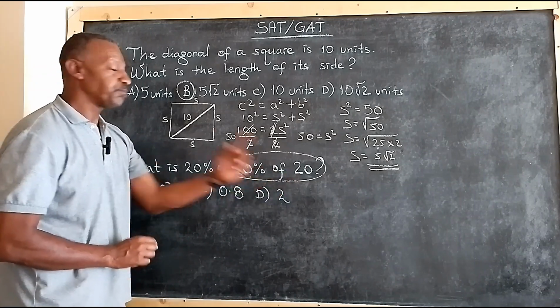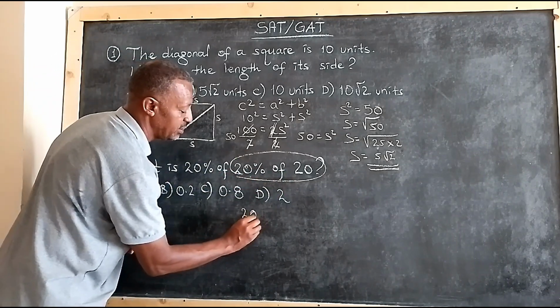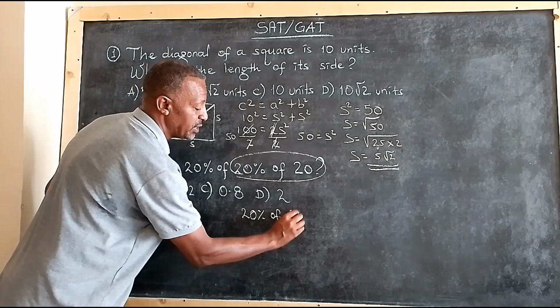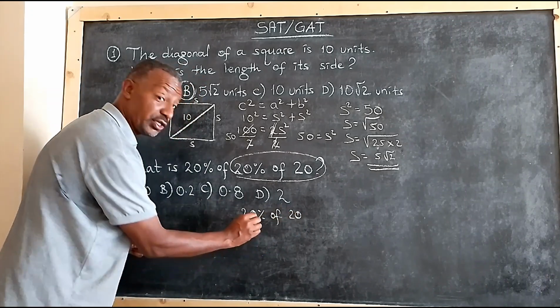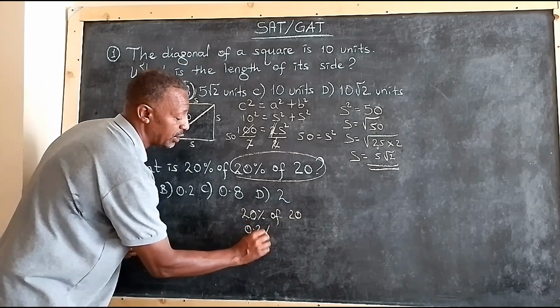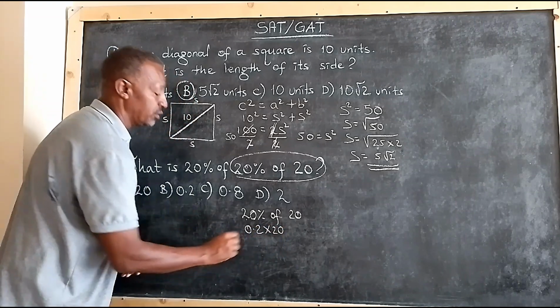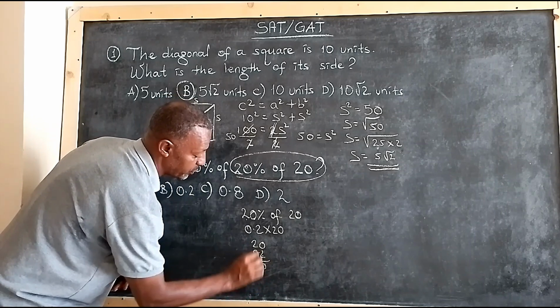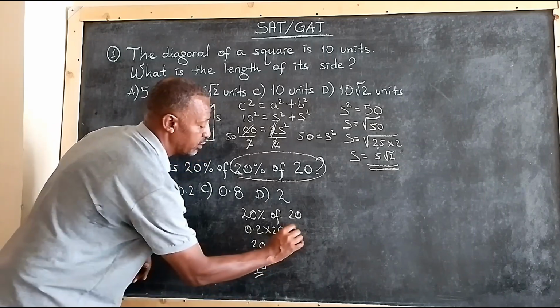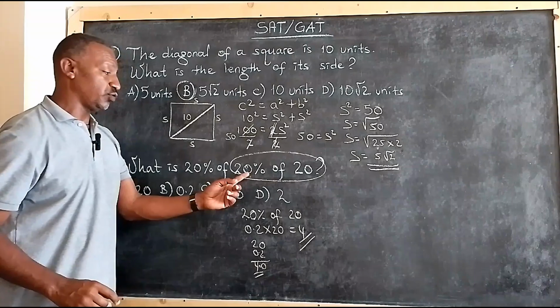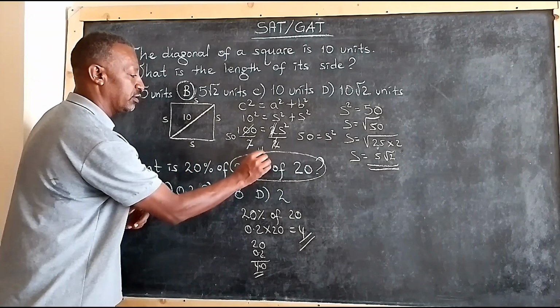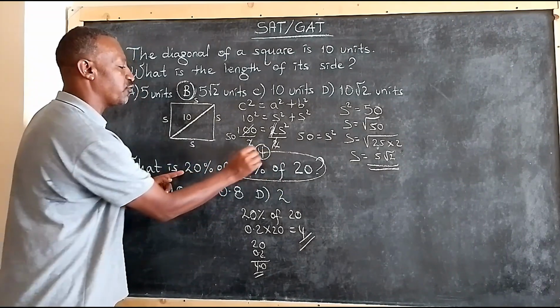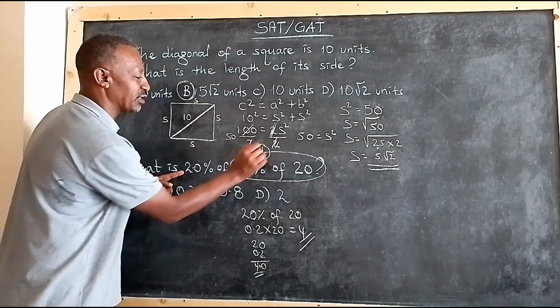Now calculate this. 20% of 20 means 20% is 0.2 times 20, which is 4. Now we get that 20% of 20 is 4. Now, what is 20% of 4?